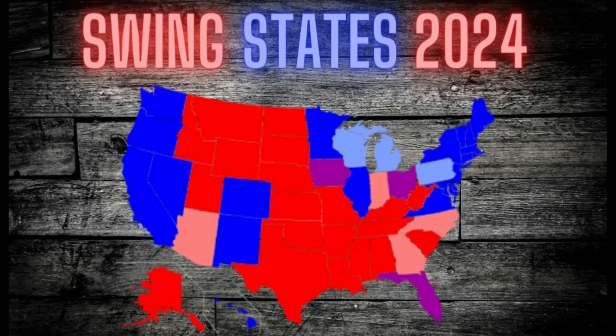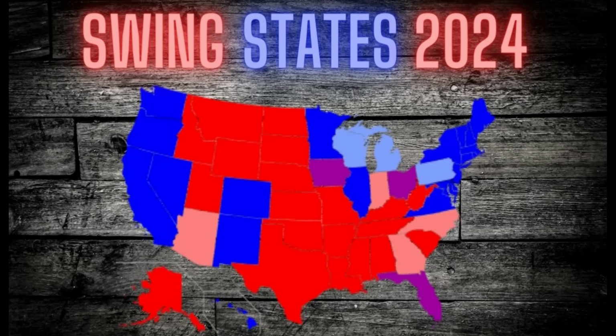The people who do this believe that the Republicans will carry those states, but they're not sure. They might swing either way. The ones in the light blue, they believe that the Democrats will carry those states, but they're not sure because they might go either way. Sometimes they go for the Democrats and sometimes they go for the Republicans.